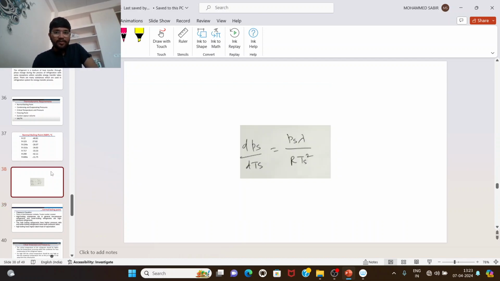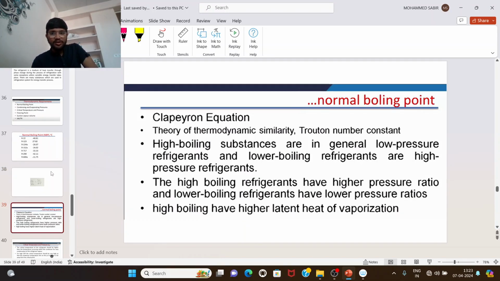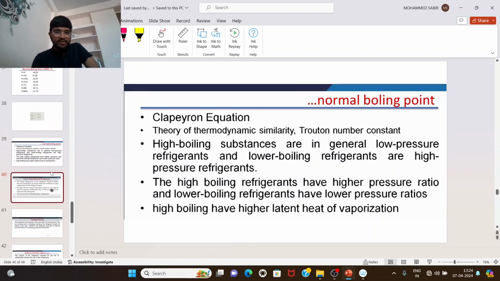You can easily visualize from these equations how this is possible. The high boiling refrigerant has a higher pressure ratio, and the lower boiling refrigerant has a lower pressure ratio. You can easily prove it by these equations. And high boiling refrigerants have high latent heat of vaporization.